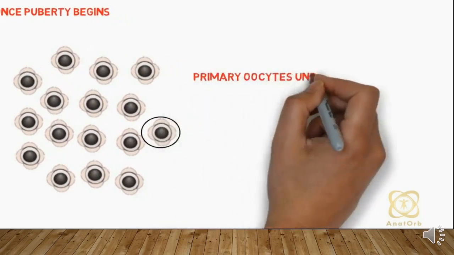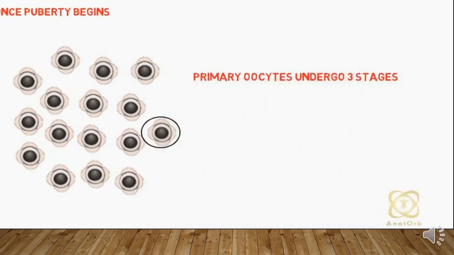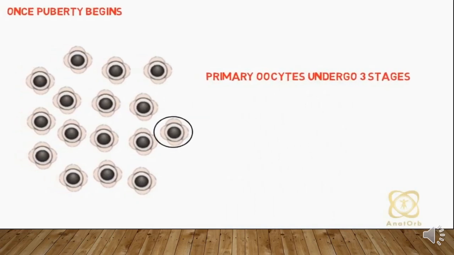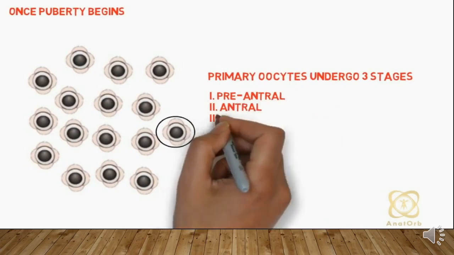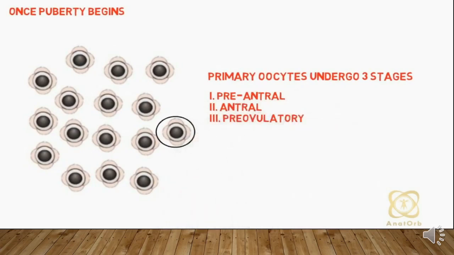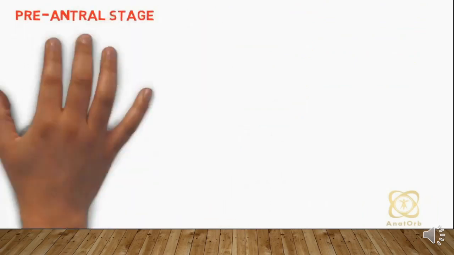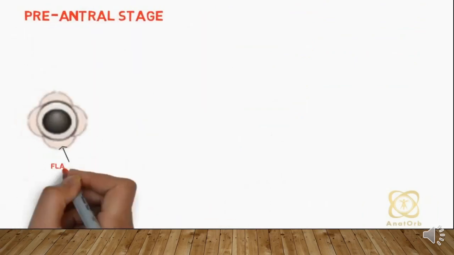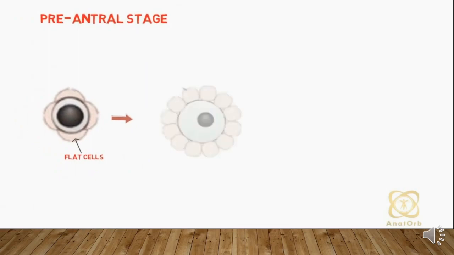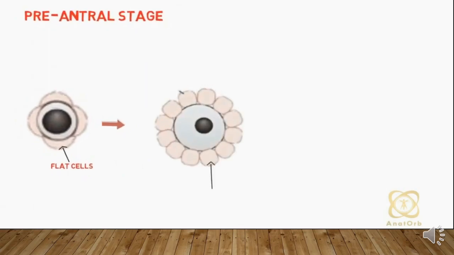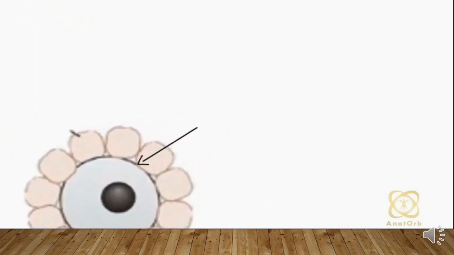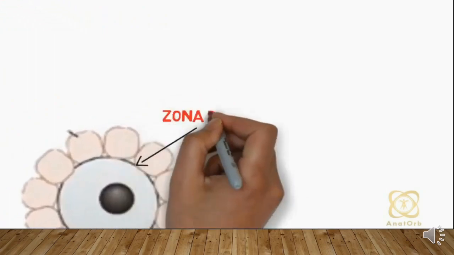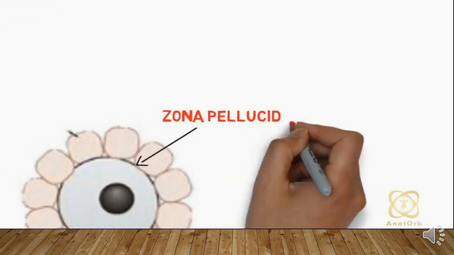Maturation of primary oocytes undergoes 3 stages: the pre-antral stage, the antral stage, and the pre-ovulatory stage. In the pre-antral stage, surrounding follicular cells change from flat epithelial cells to form a stratified cuboidal epithelium called granulosa cells, which will go ahead to form the zona pellucida around the primary oocyte.